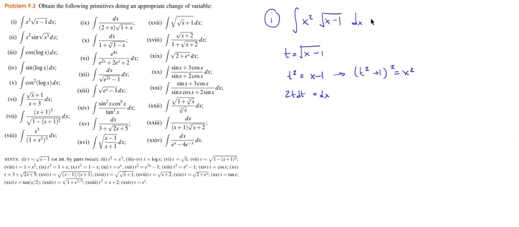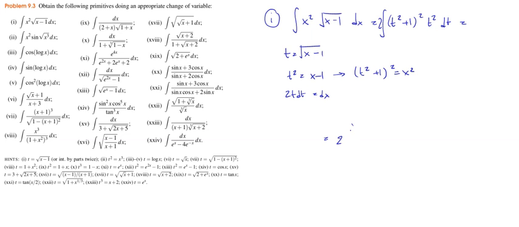This is x squared. So this is equal to the primitive of t squared plus 1 squared times t times 2t dt, so 2t squared dt. And now this is a polynomial expression in t. Let me expand this.